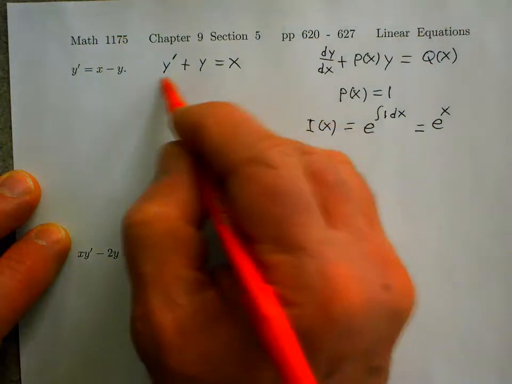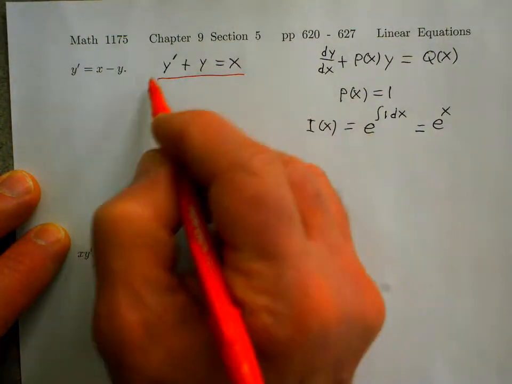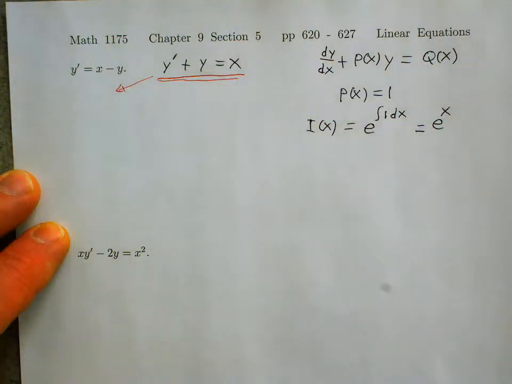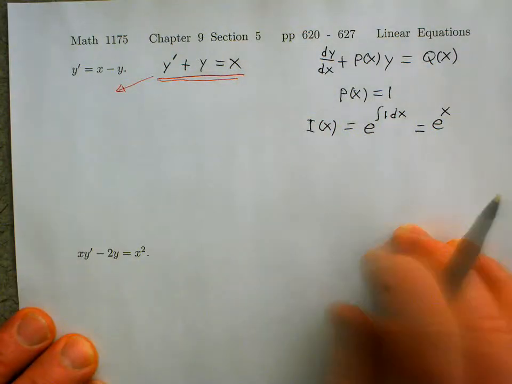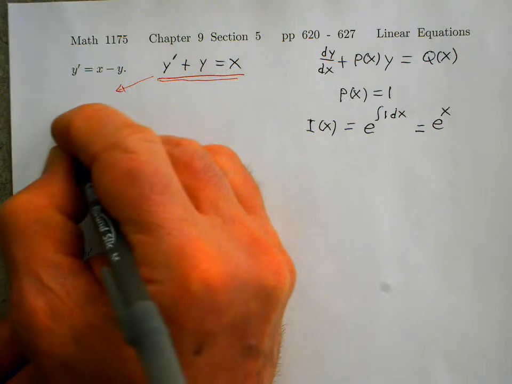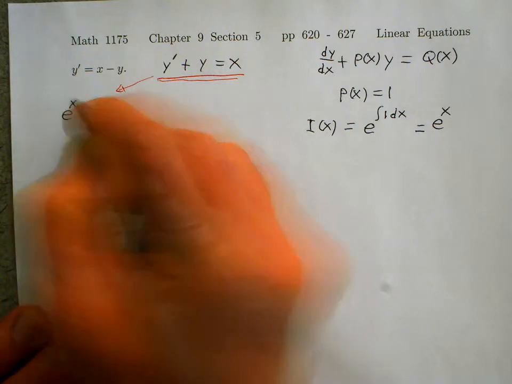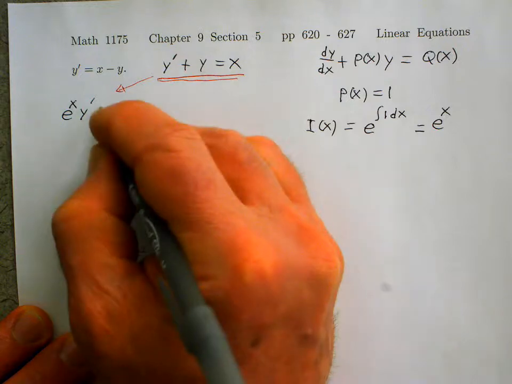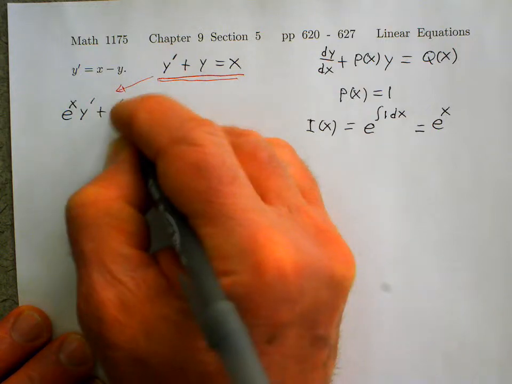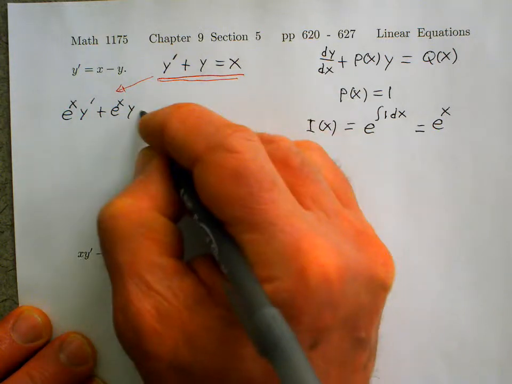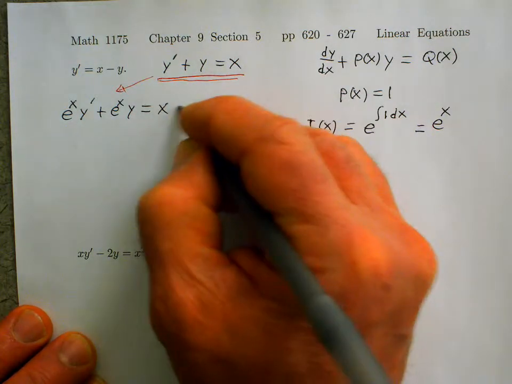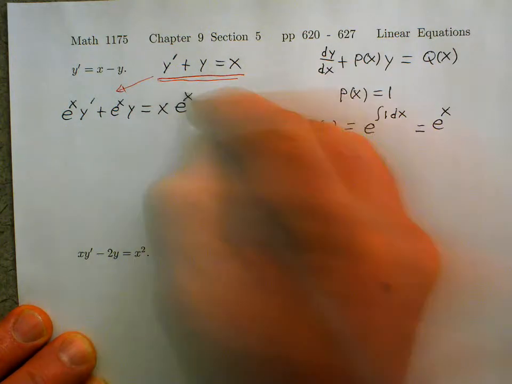Okay, so now we're going to multiply both sides of this equation by e to the x. We get e to the x times y prime plus e to the x times y equals x times e to the x.